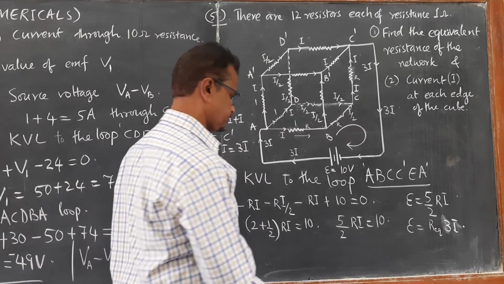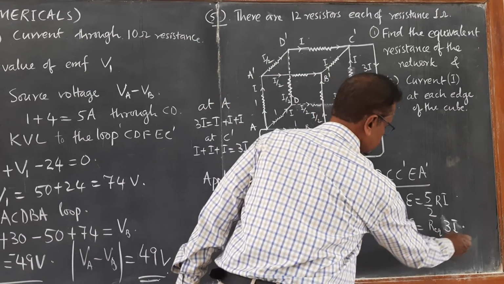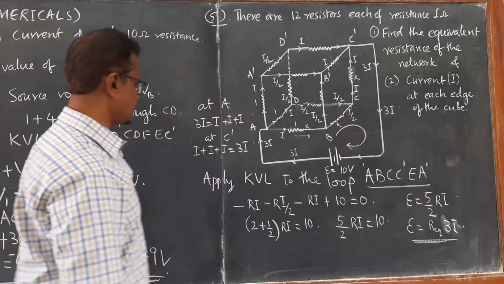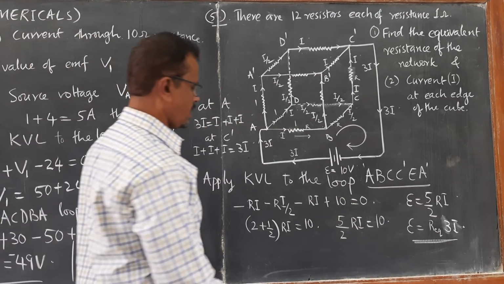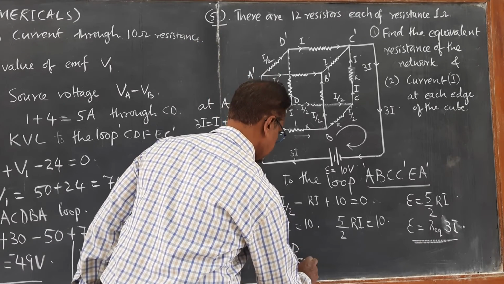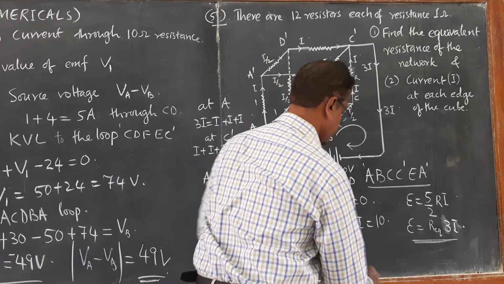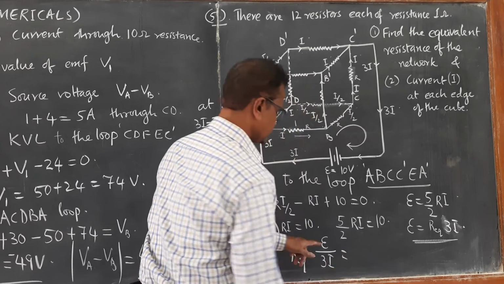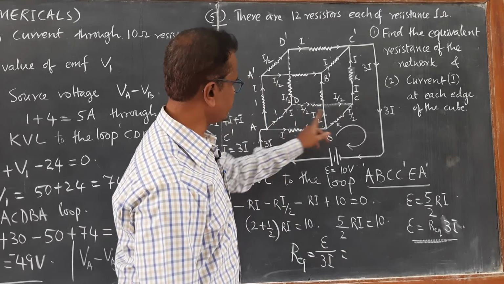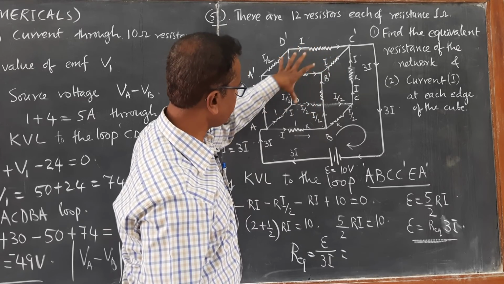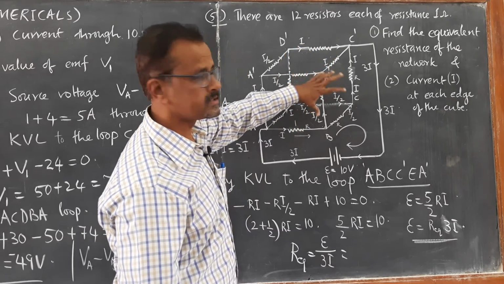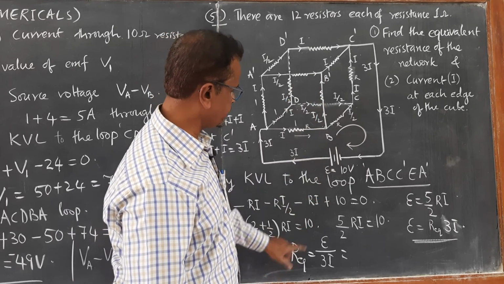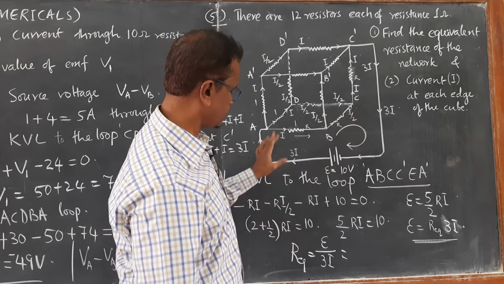Therefore, using this, what is R equivalent can be calculated. Therefore R equivalent is equal to E by 3I. Total current is 3I. Therefore if you assume the entire cubical network has resistance R equivalent, then R equivalent is equal to EMF divided by 3I.